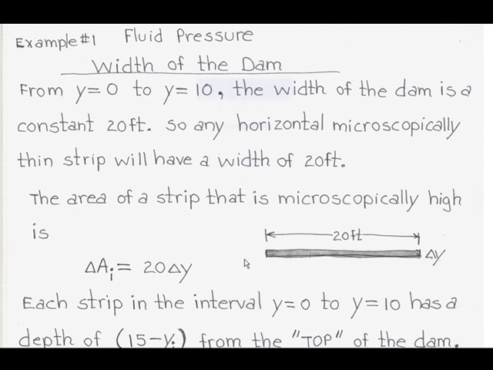Here's a representative diagram of that microscopically thin strip running 20 feet across the dam from where y equals 0 to y equals 10. Here goes our width, and delta y represents the microscopically thin height of that strip.